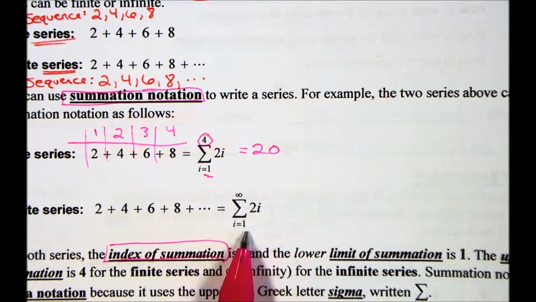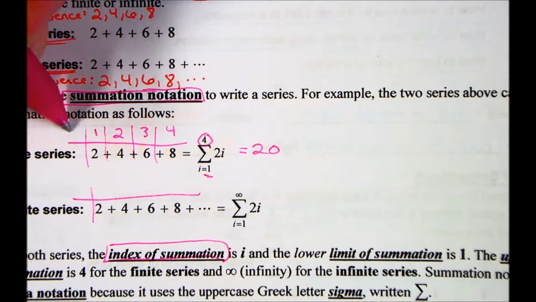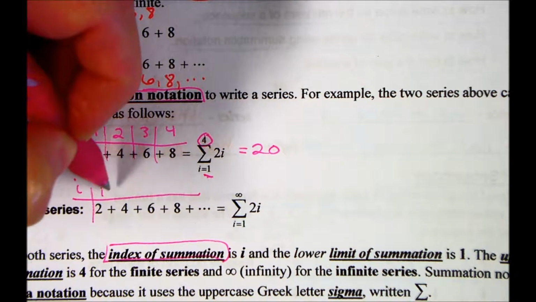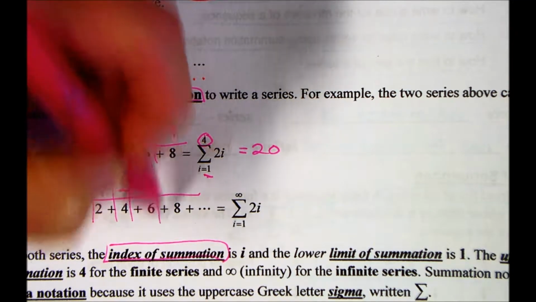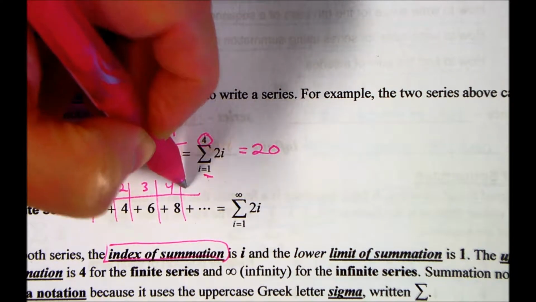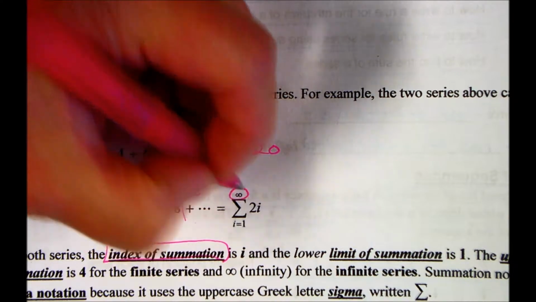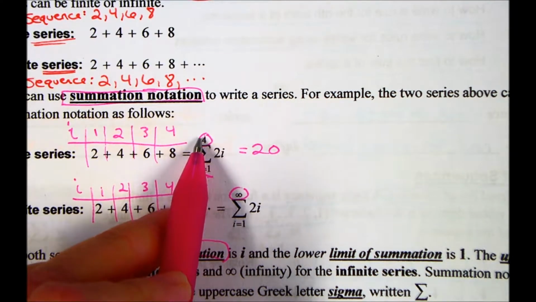You have the first term in the sequence, again your i, your index, then the second, the third, the fourth, and it keeps going up forever into infinity. We still have the same rule, 2i, but the index has changed. It's from 1 to infinity now instead of 1 through 4.